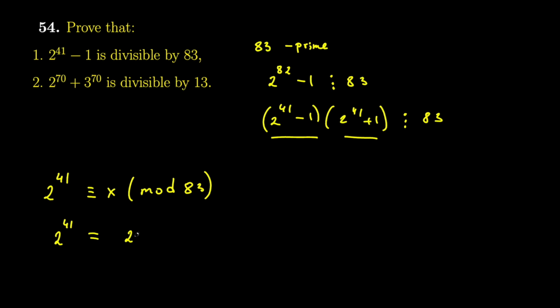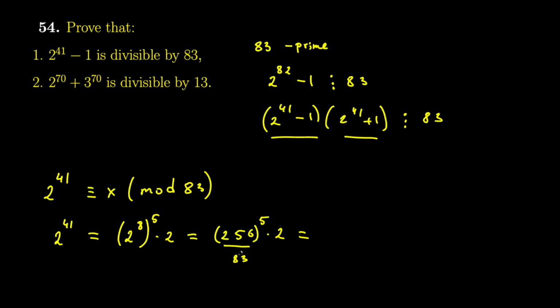I can rewrite it as 2 to the power 8, which is a good candidate for me because 41 is again a prime number. So 8 times 5 is 40, plus 1 is 41. And 2 to the power 8 is 256, to the power 5, multiplied by 2.